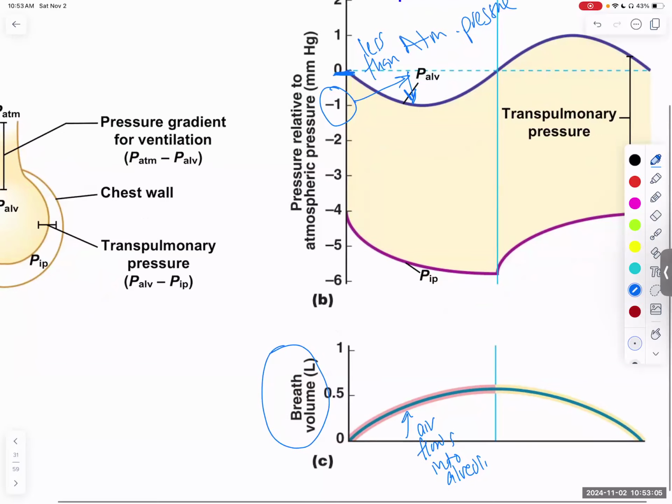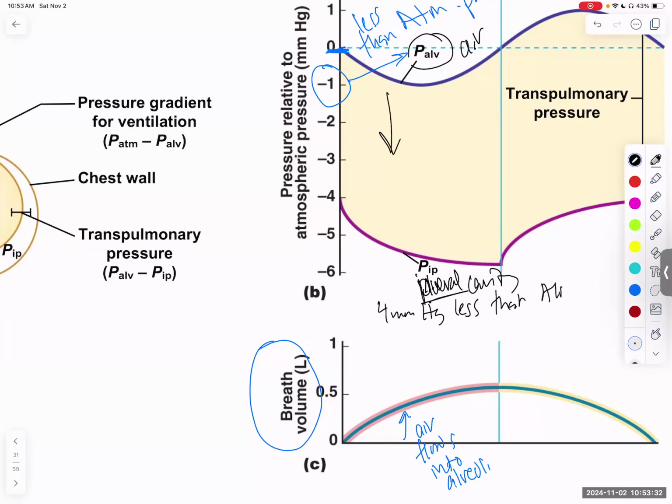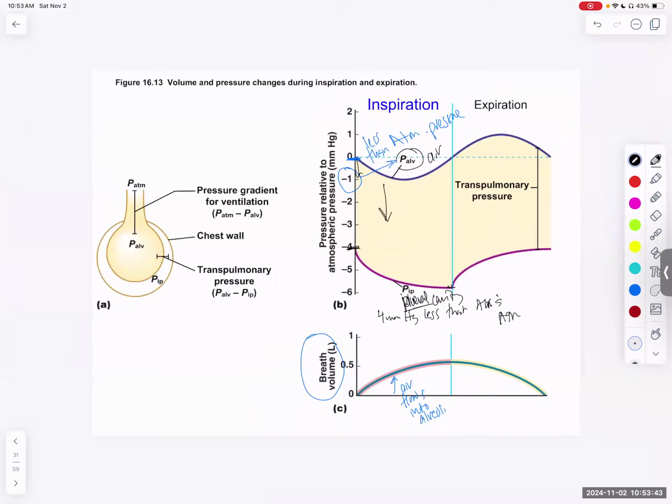So this is the volume of air coming in as the pressure drops, right? Transpulmonary pressure, again, is between the alveoli where air is coming in and the intrapleural cavity, or pleural cavity. Remember, pleural cavity is always 4 millimeters of mercury less than alveoli and atmospheric. So it's going from -4, 4 less, to -5, 5 less, because this dropped 1.